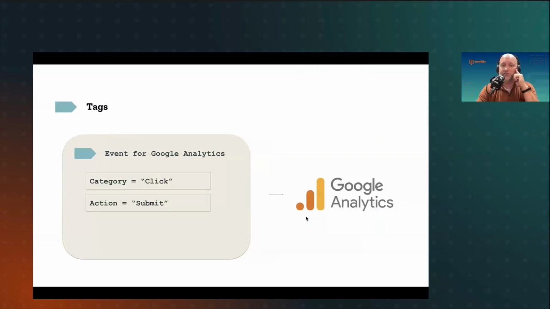So you may just want to track a tag where every time you click on the word submit, it's going to send a tag to Google Analytics, where you have it set up as somebody clicked submit. So I have this custom event in Google Analytics so I can go through and track how many people click submit.